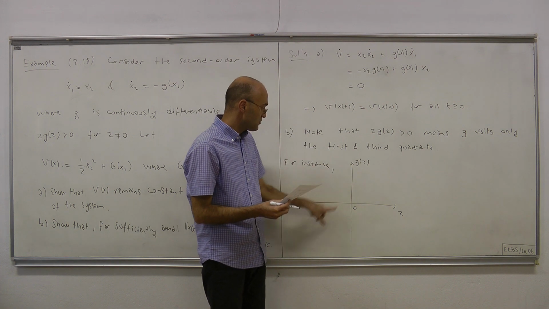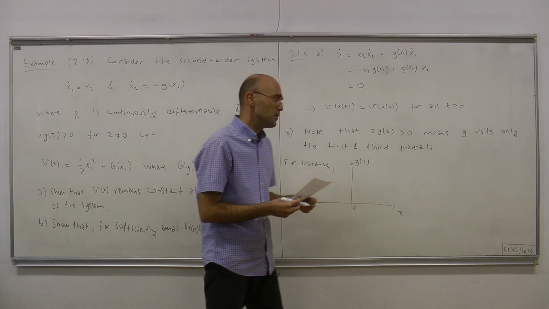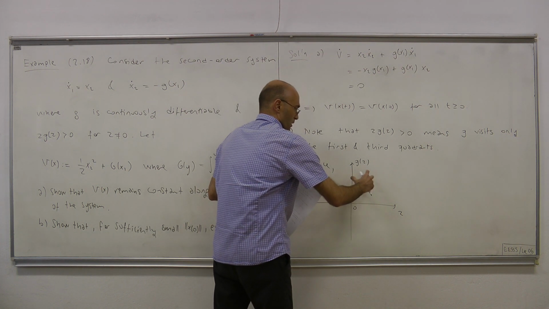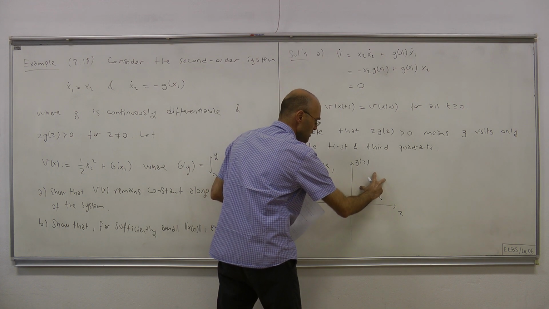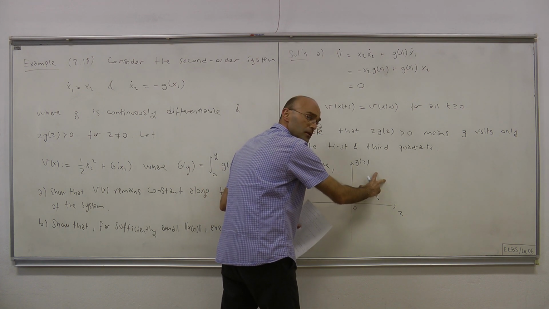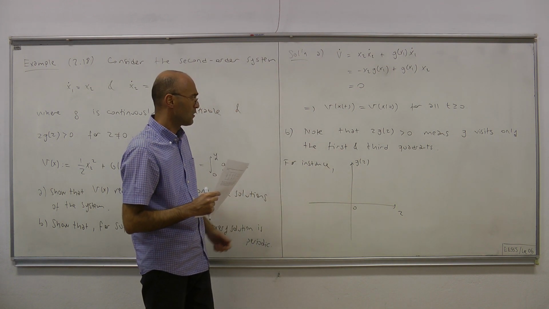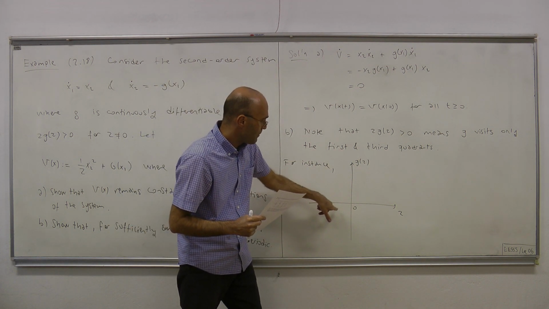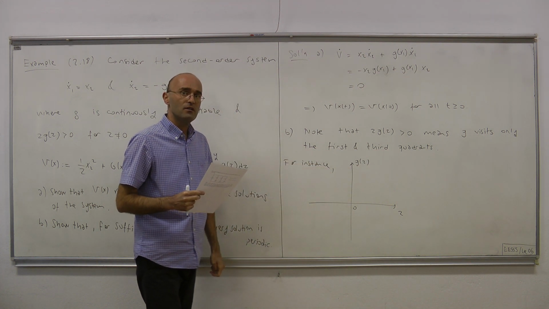For negative z, g of z must be somewhere here in the third quadrant. And since g is continuous, the transition between the image here and the image here must be continuous, and therefore the curve must pass through the origin.